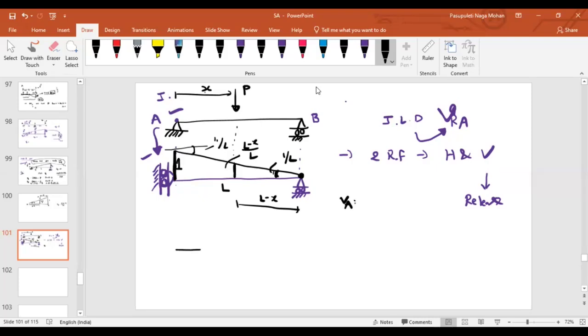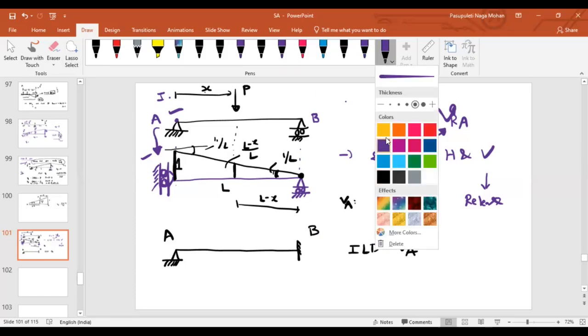Clear? Yes, sir. Now the same thing, what I want you to do is tell me what the ILD for the vertical reaction at A is. Just think about it.